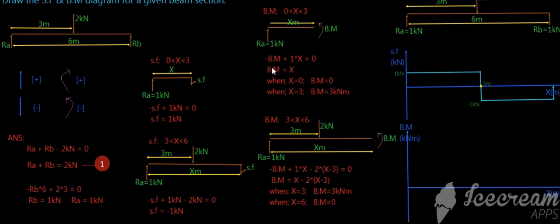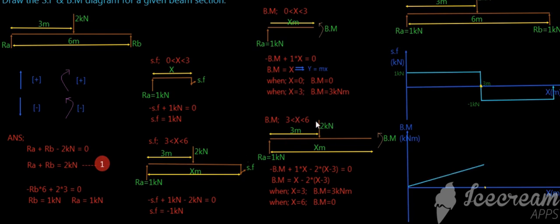You know what the shape of y equal to mx is. When x is equal to 0, the bending moment is equal to 0, and when x is equal to 3, the bending moment is 3 kilonewton meter. This shape should be y equal to mx.